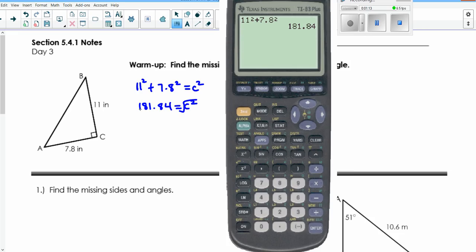Alright, so take the square root to two decimal places, and AB is about 13.48, and then don't forget your units. Okay, so there's the length of the segment.